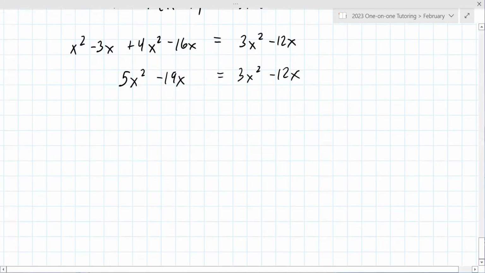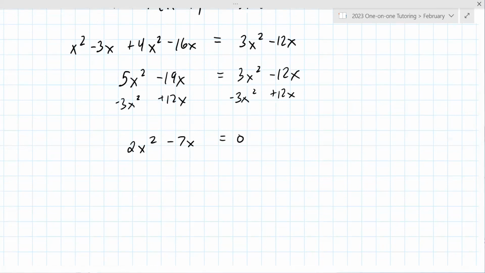Okay, so now we move the 3x squared over. Okay, add the 12x. So that's 2x squared minus 7x equals 0. And what do you do from here to solve this? This is kind of like the last problem.